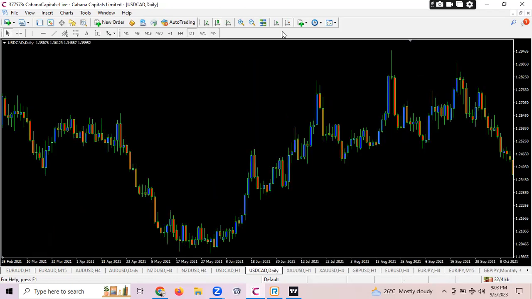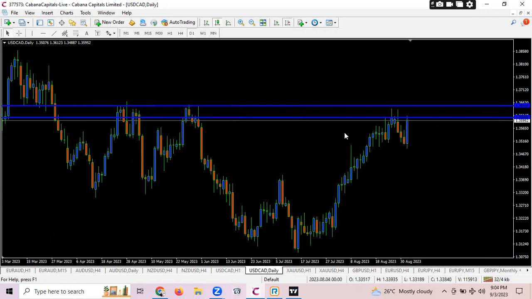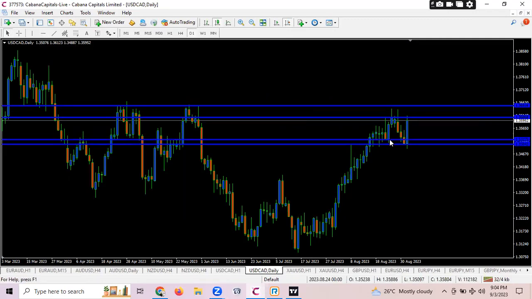And if a 4-hour candle closes below this support, as you can see, what we have here is an engulfing pattern on 4-hour. So if you are considering selling, you should wait for this support zone to be broken before you sell.